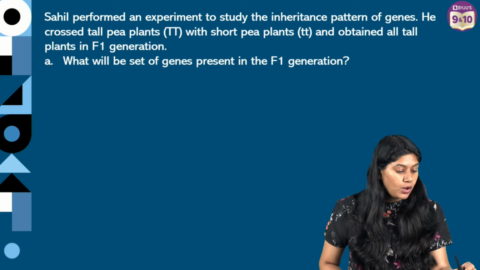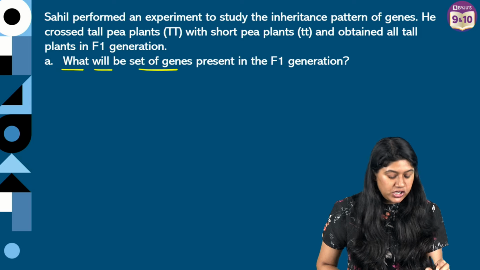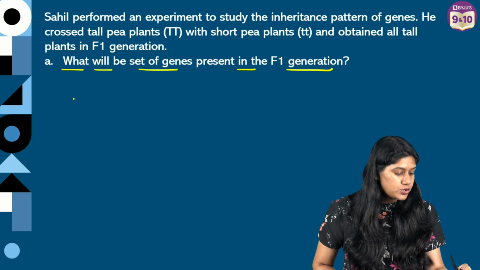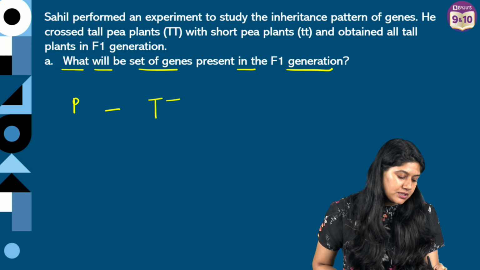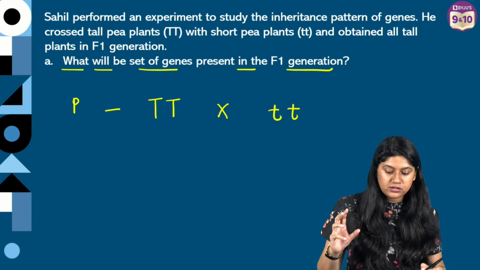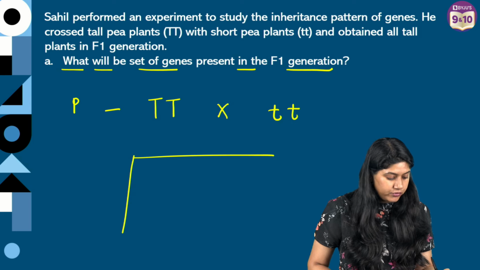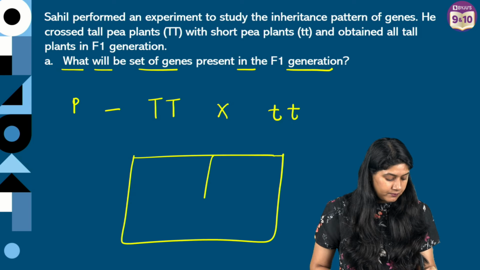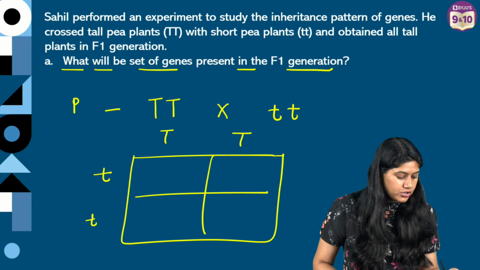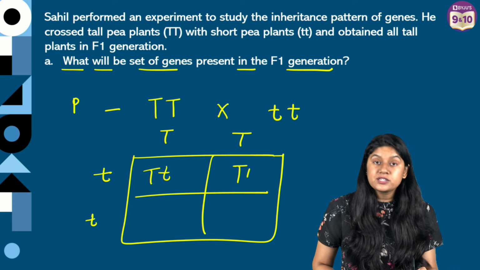The question is, what will be the set of genes present in the F1 generation? Easy peasy question, right? So we have the parent, which is capital T, that is tall, and of course we have the dwarf, the short plant. Now if we do the cross, capital T, small t and small t, we know that all the plants will be tall.